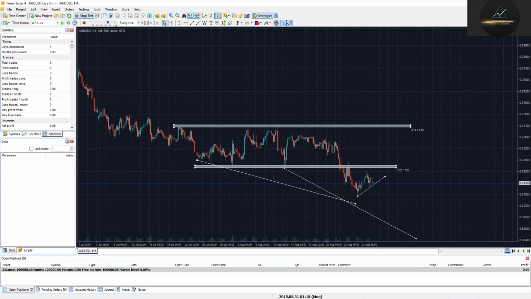So let's speed this up. Let's go for 5-minute candles. I've sped it up, and every candle, every movement that you see here is 5 minutes.